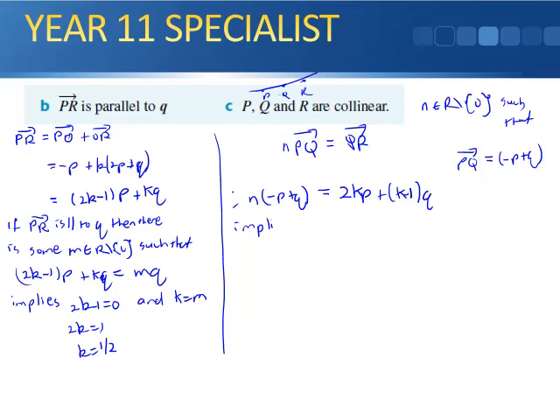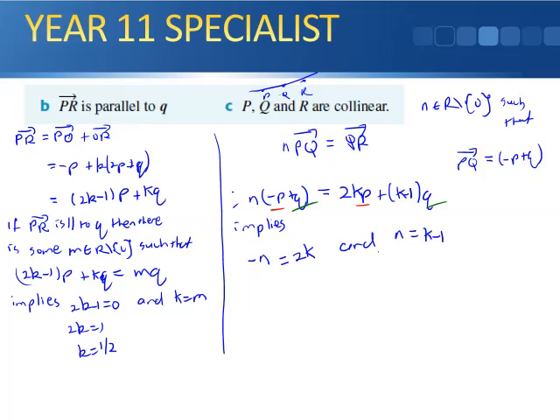And this implies, putting things together, putting the p's together, that minus n will equal 2k, and putting the q's together, it will be n equals k minus 1.